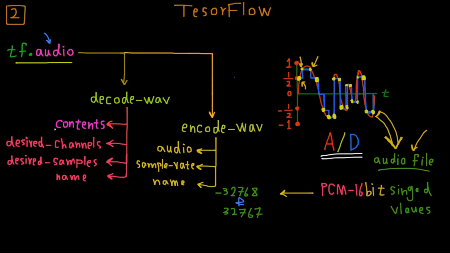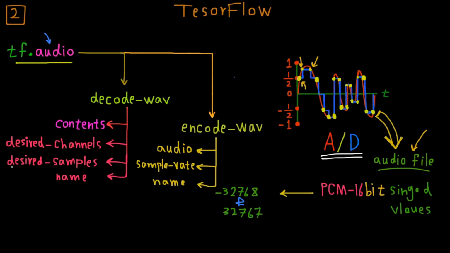There are a bunch of arguments inside this decode wave function. The first one is contents. It is a tensor of type string. It's just the audio file itself. The second argument is desired channels, which is an optional argument, accepts integer numbers, default -1.